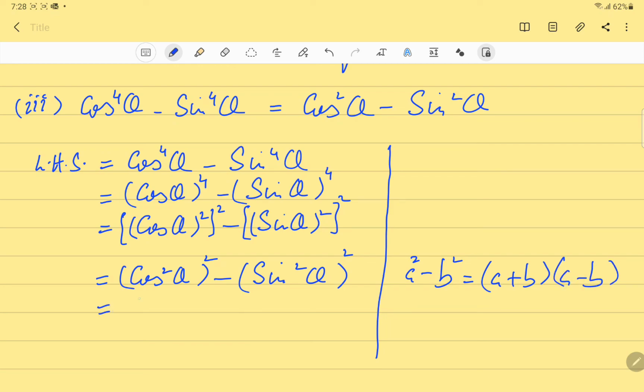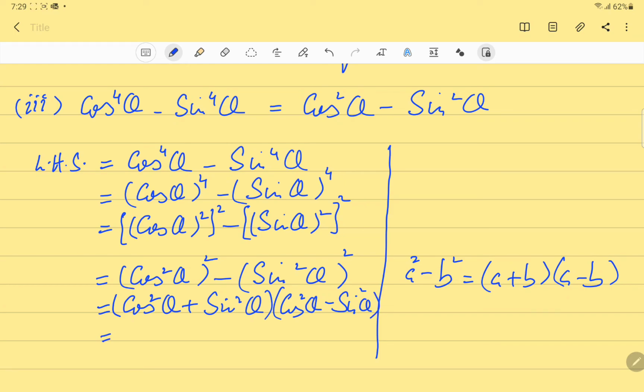So using this formula we can write cos square theta plus sin square theta into cos square theta minus sin square theta.